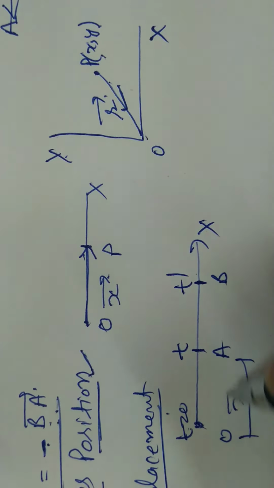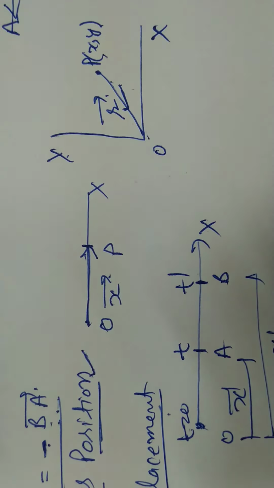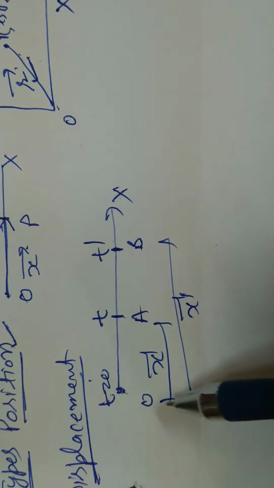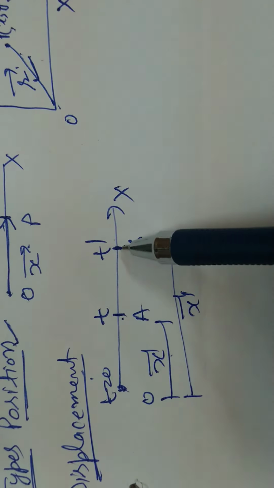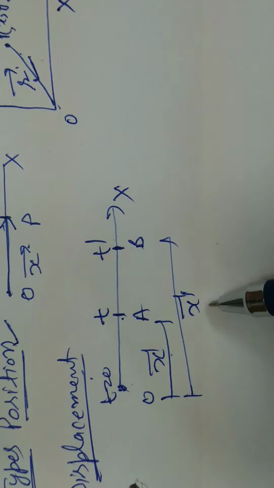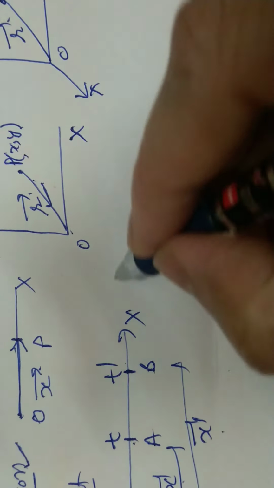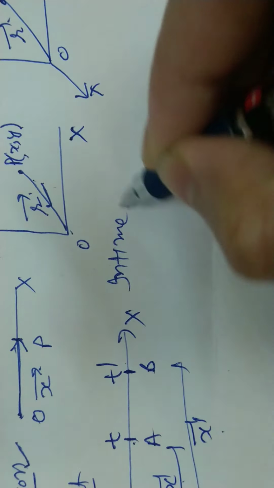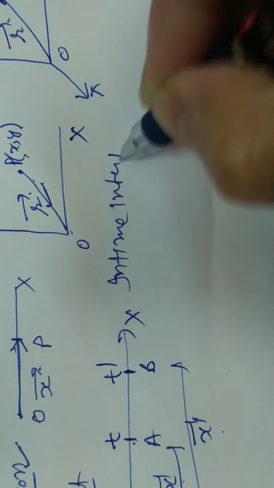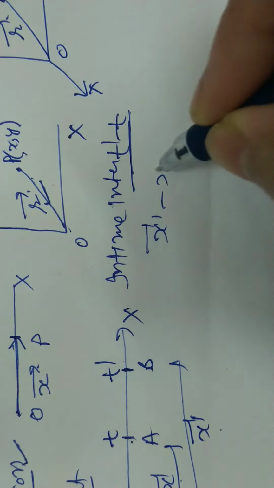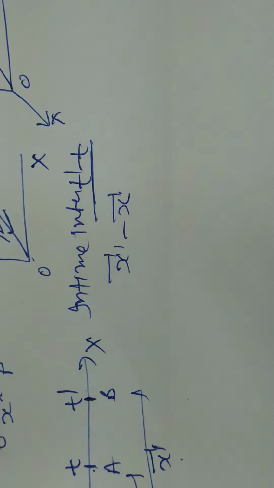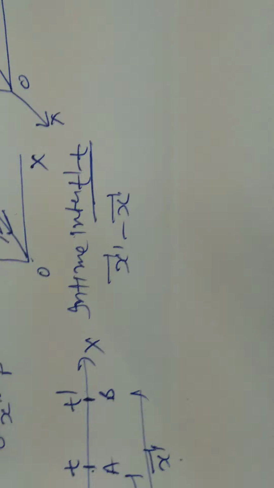This is the x vector, this is the x dash vector: the position of A with respect to origin is x vector, and the position of B is x dash vector. Then in the time interval t dash minus t, the displacement vector is x dash minus x. This is called the displacement vector.